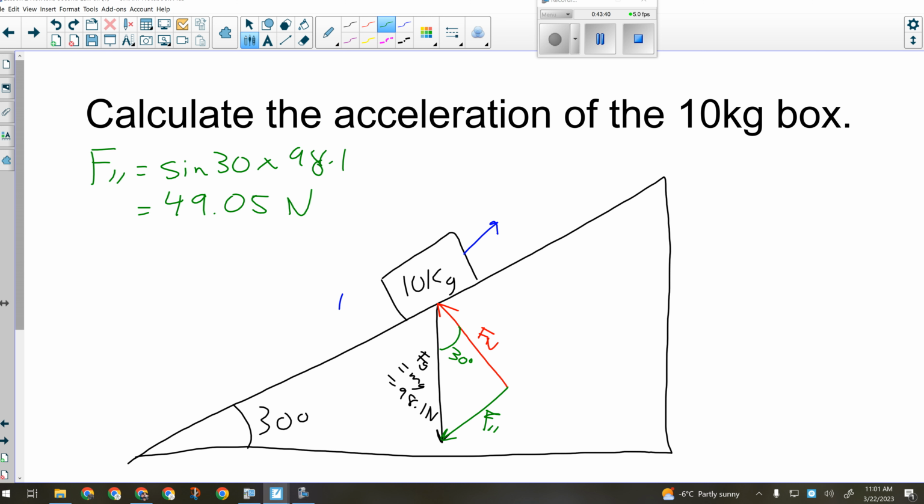All right, so let's say we don't have any friction. We just want to calculate the acceleration of the box like the question originally said. Okay, I now know that F parallel is 49.05 newtons. It is the vector sum of all the forces involved in this particular question. How do I get the acceleration of the box?